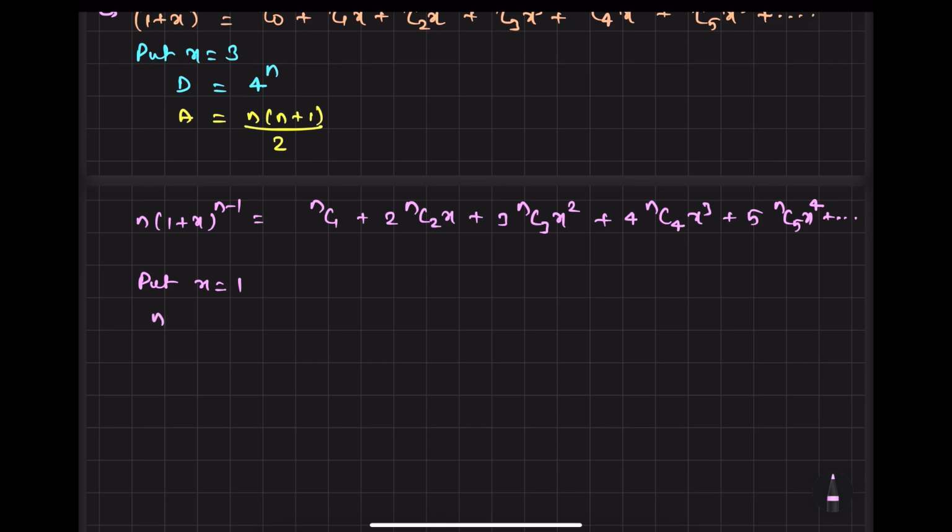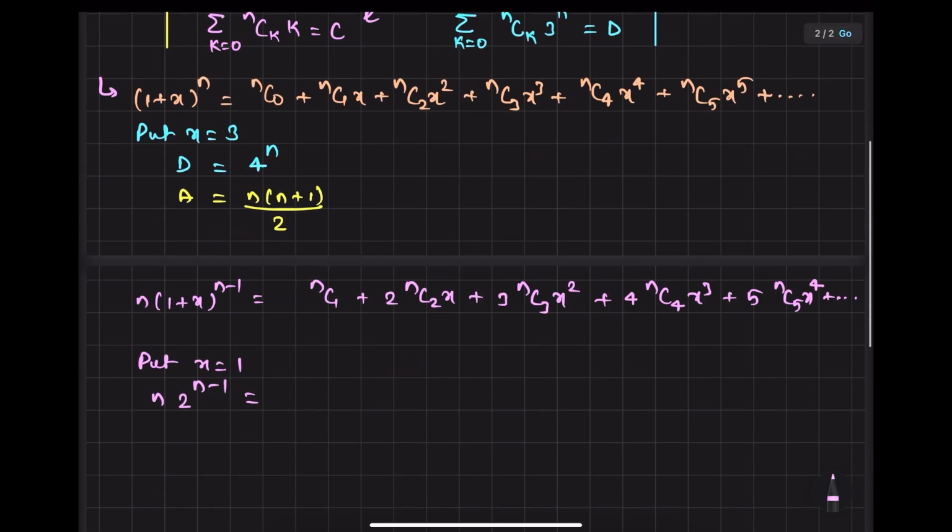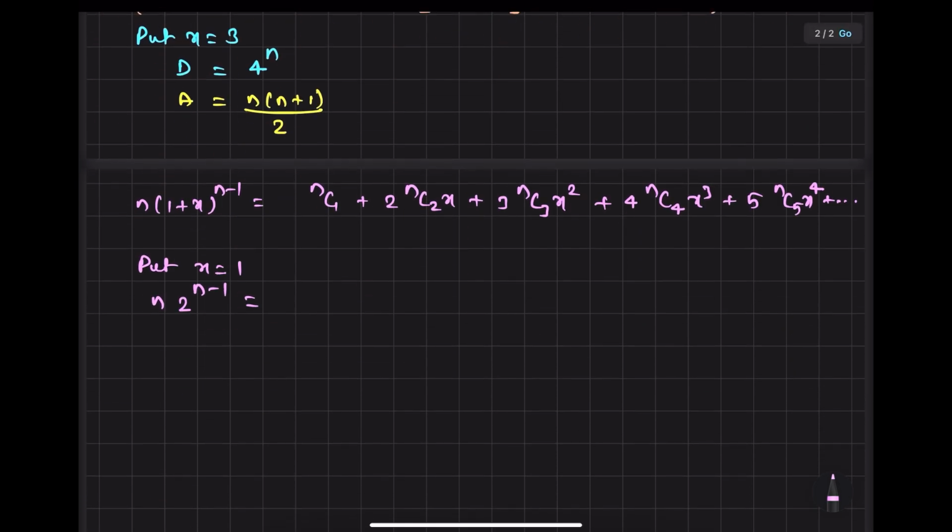So we will have n times 2 power n minus 1, and we got the value of c. Correct? So n times 2 power n minus 1 will become the value of c. Correct or wrong? So we got the value of c as well.